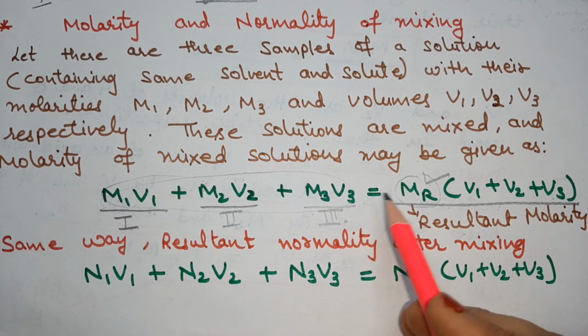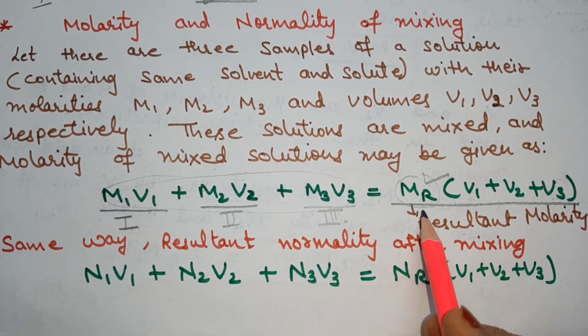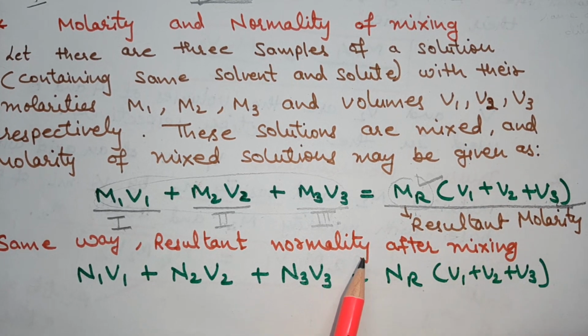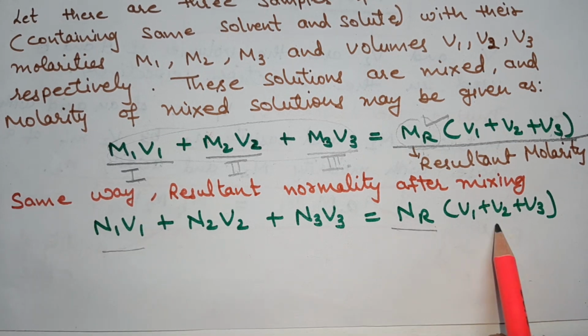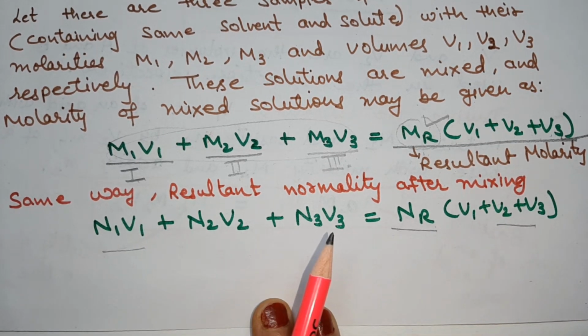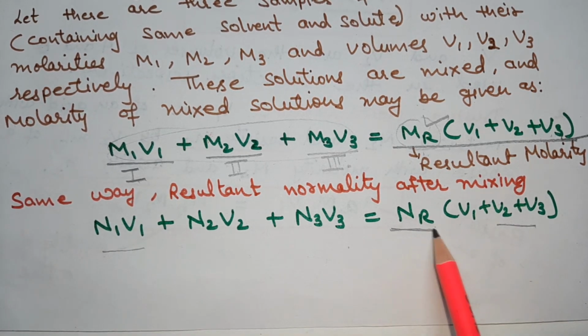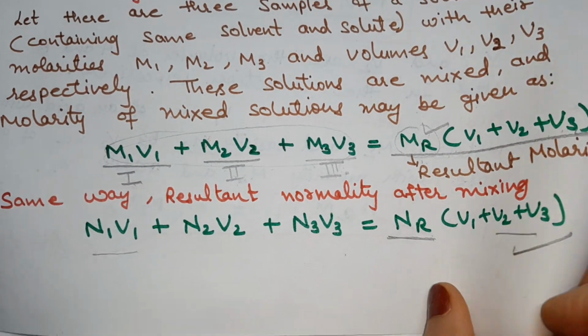Instead of 3, any number of solutions, 4 or 5, which are mixed together, their resultant molarity can be calculated by using this formula. In the same way, the normality of the resultant solution can be calculated if the normalities and volumes of the solutions are given, by using this formula.